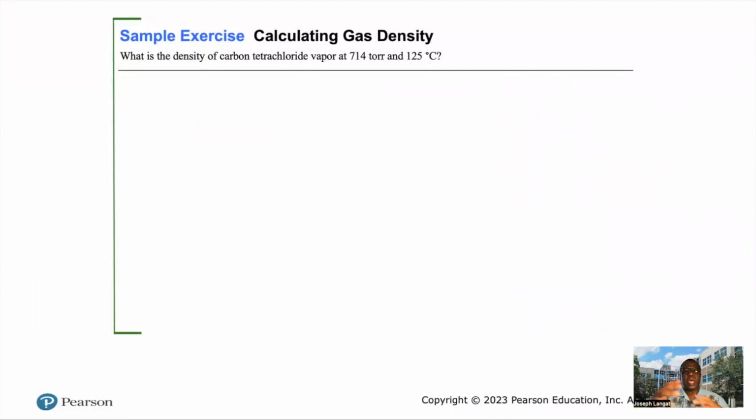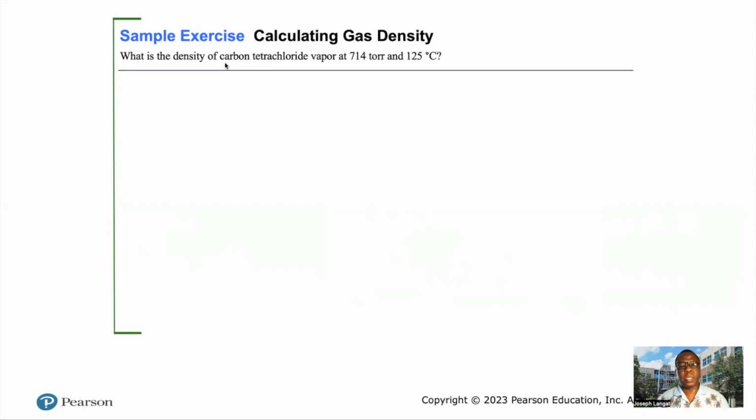At the outset, there are some calculations you need to perform prior to plugging into the equation for density. One, pressure has to be in atmospheres. Temperature has to be in Kelvin, all right? If you are not given the molar mass of your gas, you need to use the chemical formula, naming of the compounds, writing of the correct formulas.